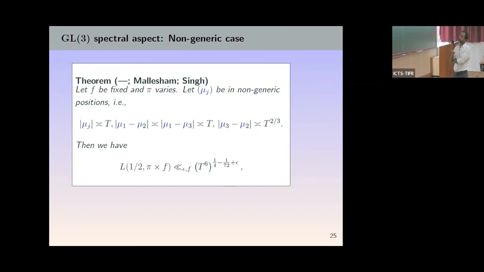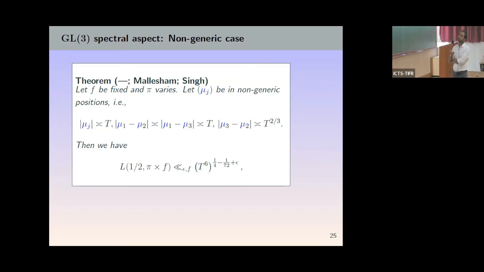By non-generic position, I mean you take all these μ(z) of size capital T, and their differences μ1 minus μ2 and μ1 minus μ3 are of size T, but μ2 and μ3 are nearer. By which I mean that the difference is like T to the power 2/3, and the rest are at generic distance. And then we prove subconvexity in this situation.